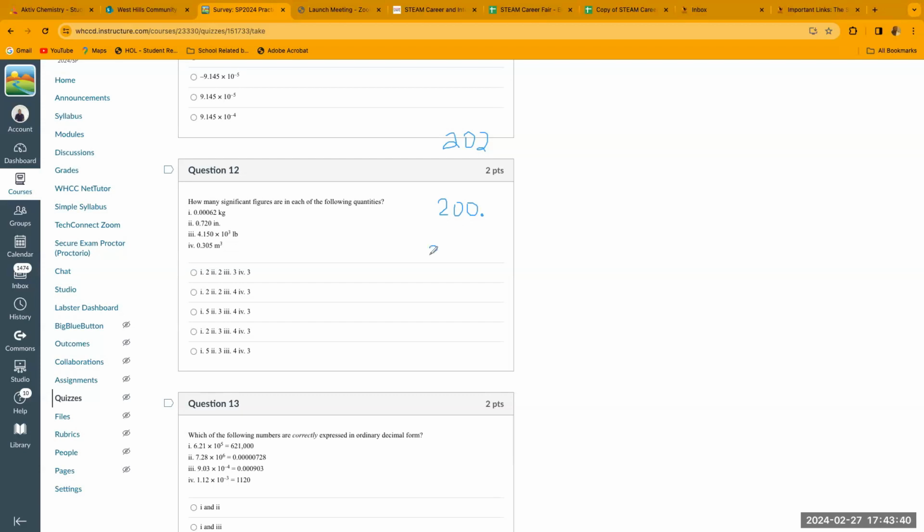So if I decide to do this, 2, 0, 0, 0.00, now I could have just said 200 and called it a day. But the fact that I put 0.00 means that these guys become significant. So in this case, this would have 5 significant figures, 5 sig figs.